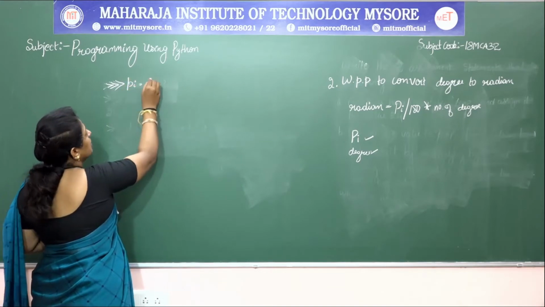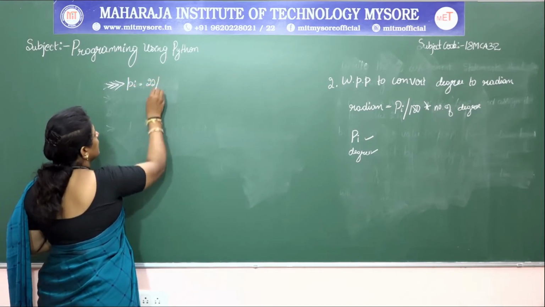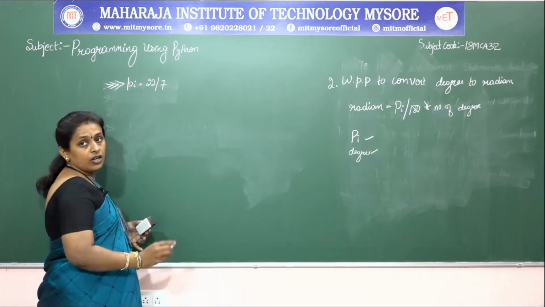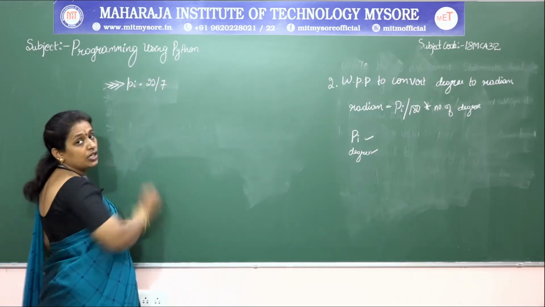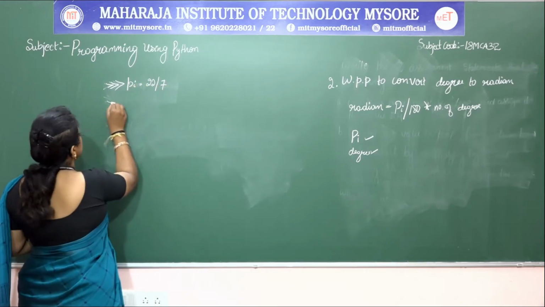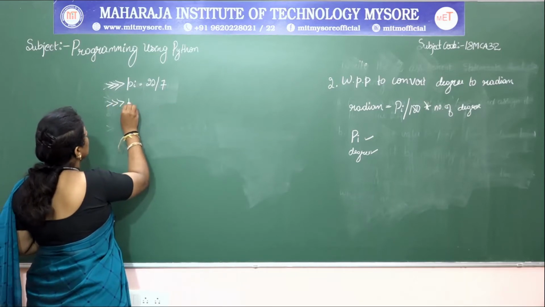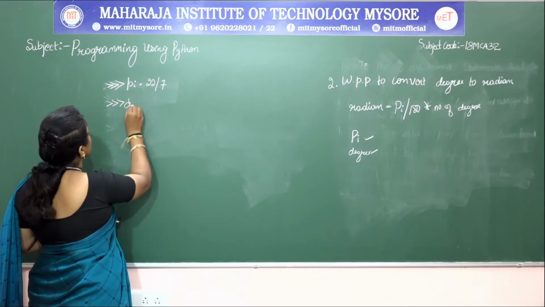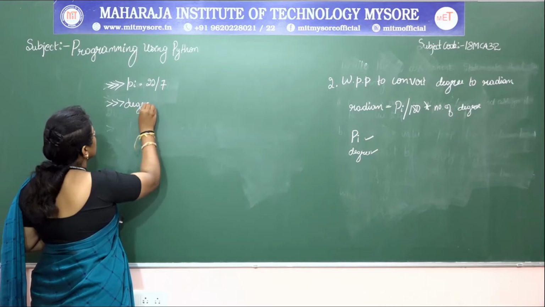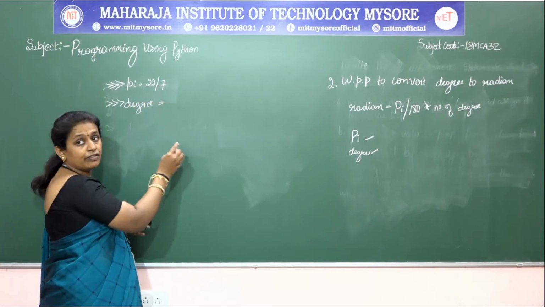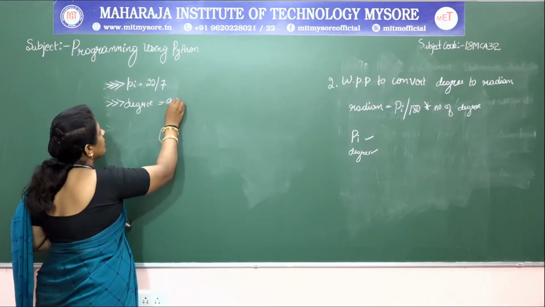Pi equal to, we know that pi value is 22 divided by 7. This value will be assigned to pi, and then assigning a variable called degree. So degree is 90.